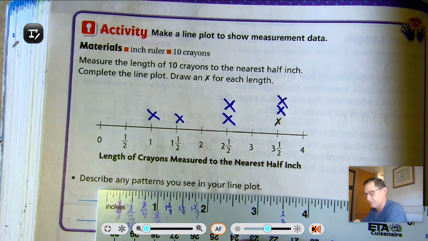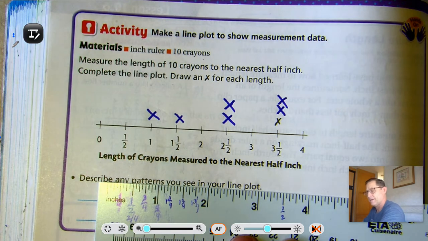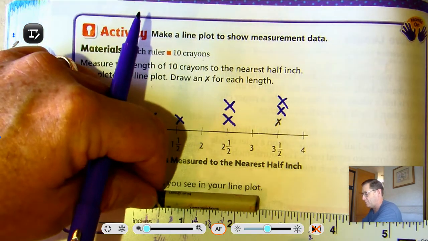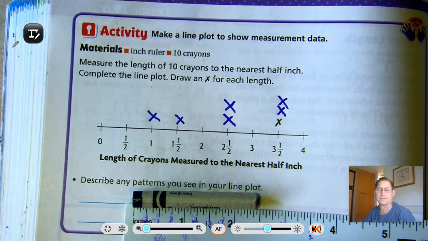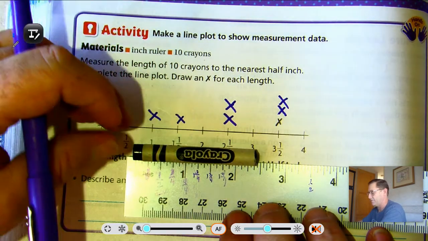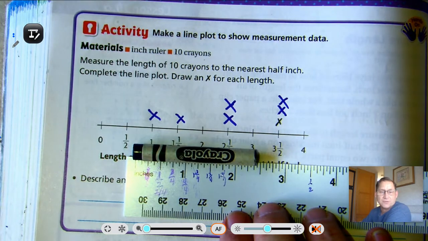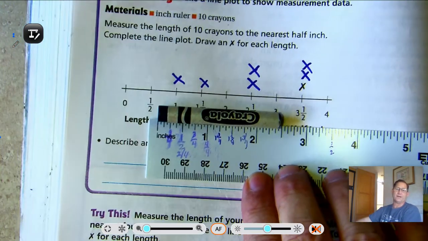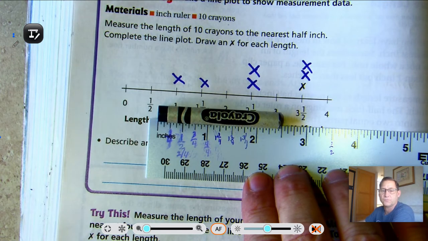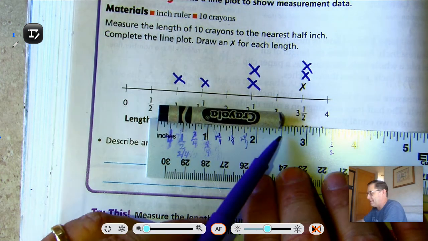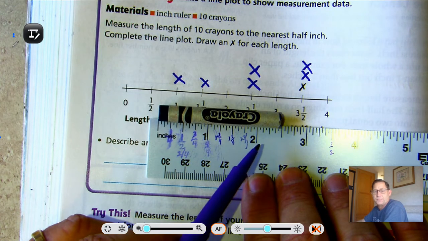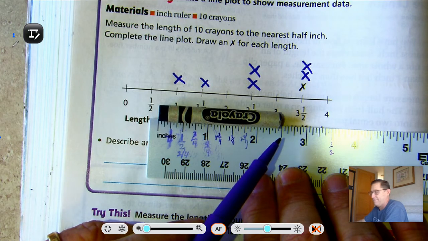Okay, so that's 2, 4, 6. How about this one? Line it up with 0. Let me bring it up so you can see it better. The end of the crayon is lined up with the 0 mark on the ruler, and it's touching just before 2.5. Okay, so it's not closer to 2; it's 2.5.